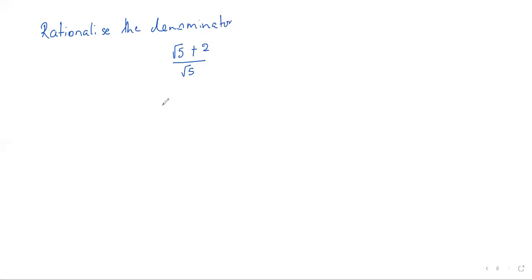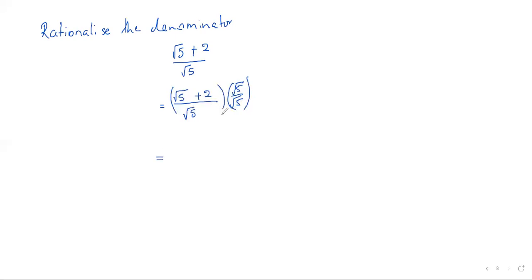So this will become the square root of 5 plus 2 over the square root of 5. Here I multiply by 1. Look at my fancy one. It's controlled by what I have as my denominator there.